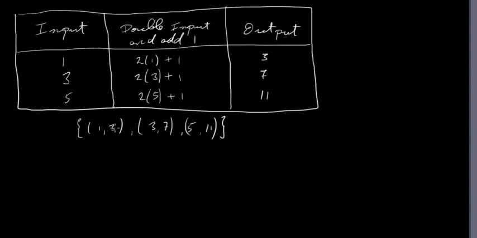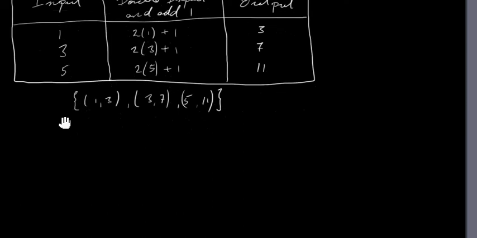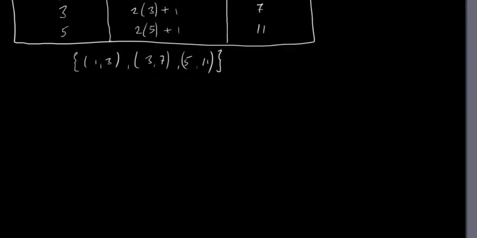So let's just look at some definitions of some words that you're going to come across when dealing with functions. So the first one is what we call a domain. A domain is the set of all possible inputs. So the domain is basically all the numbers that you're going to put into the function. It's a set of all possible inputs.